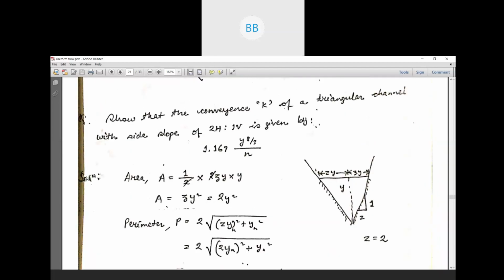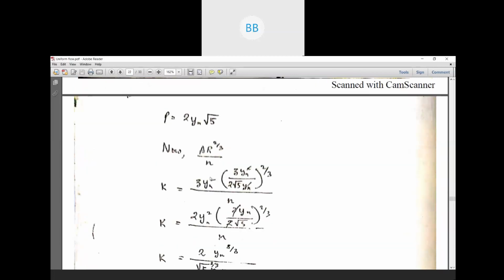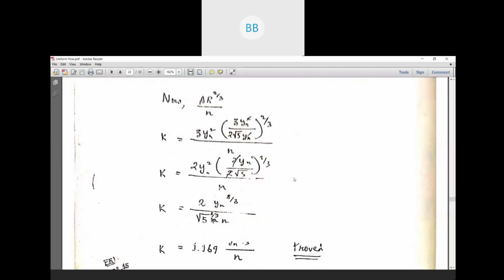In the given expression, what we need to derive has small n, so that is why we have used Manning's equation. You directly substitute the values, the area and perimeter we have already derived, and if you further simplify, you will get this expression.